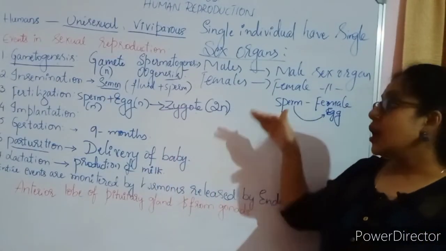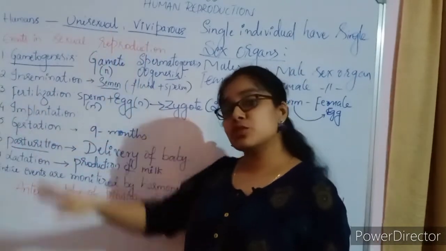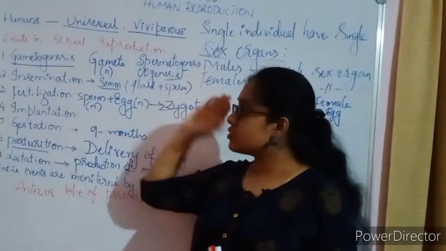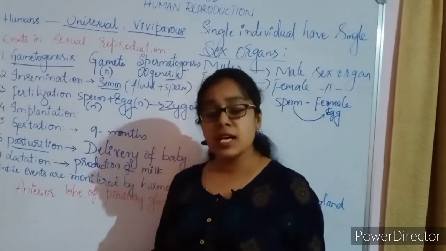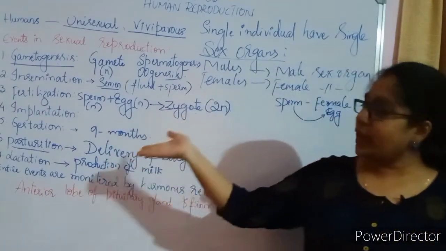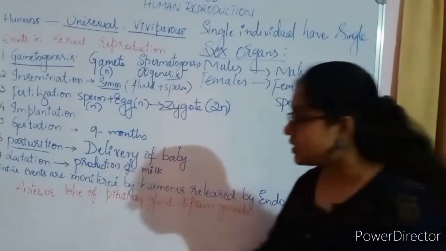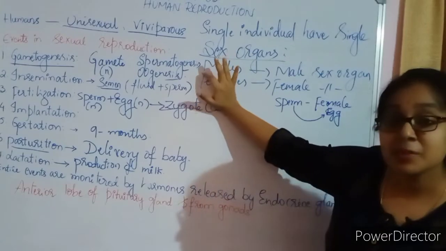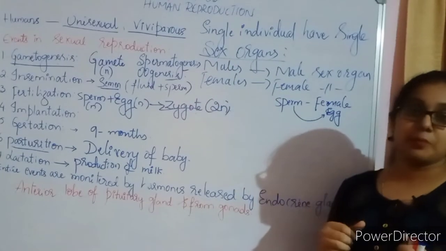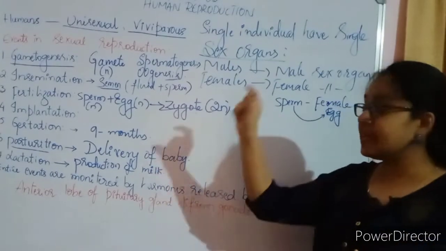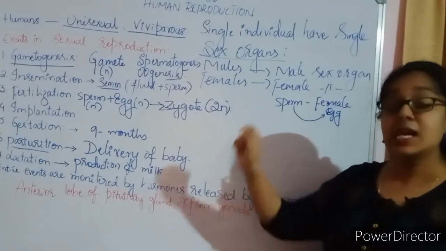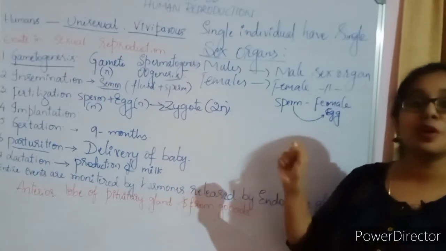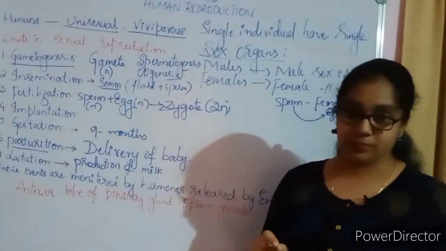But how are gametogenesis, insemination, fertilization and implantation going to take place? All these events are monitored by hormones. The entire events in sexual reproduction are under the control of hormones.